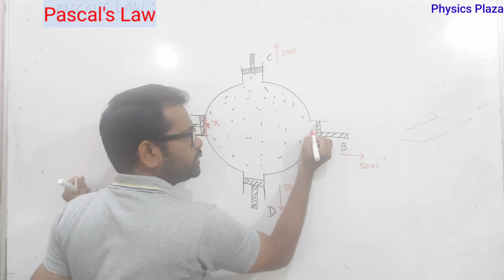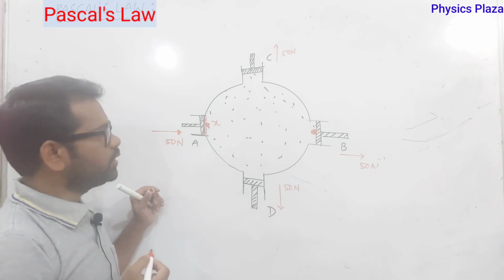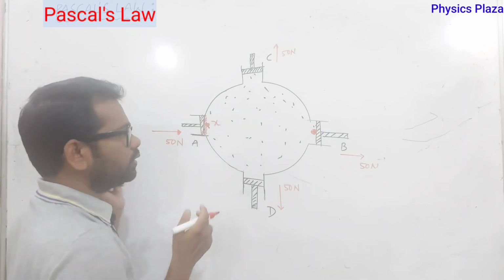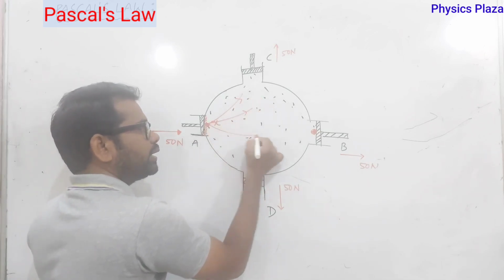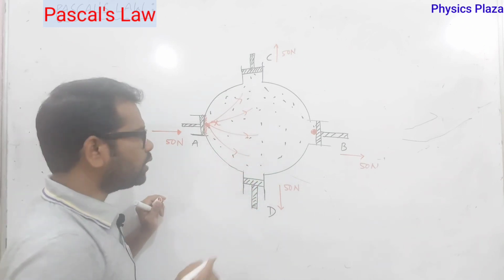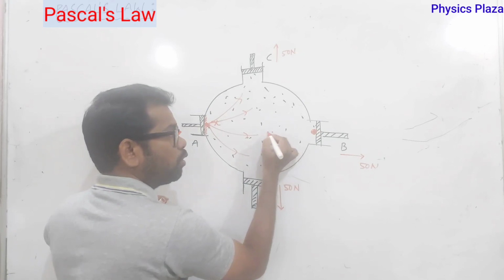And here, suppose this is a point. Whatever pressure is given, children, very important, it is transmitted in all directions through the liquid. Which means at every point the pressure is increased by the same amount.